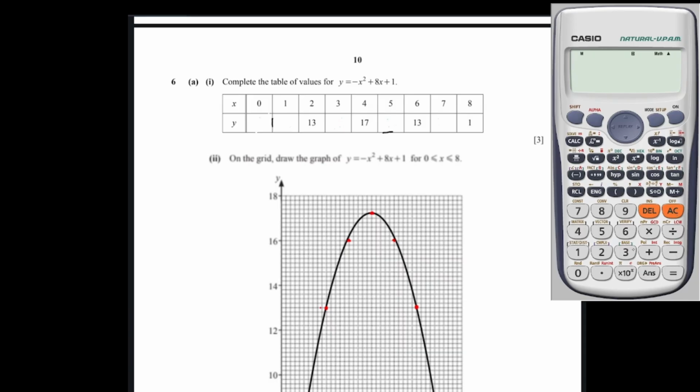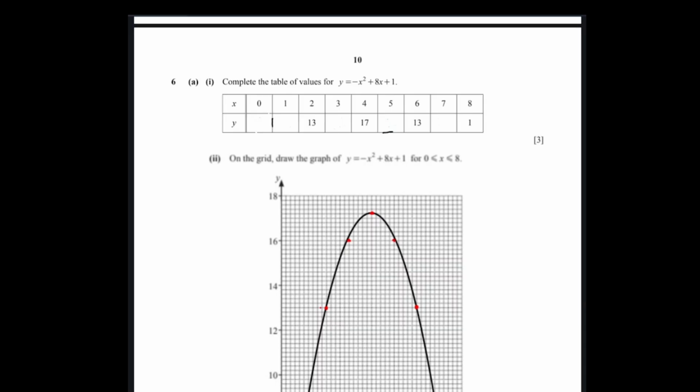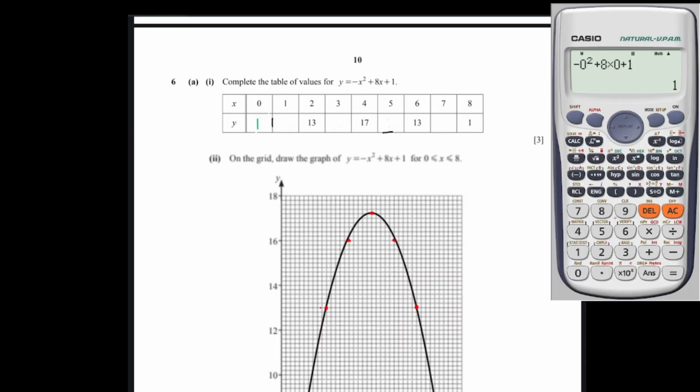For 0, take minus 0 square, that is 0 square, plus 8x, 8 into 0, plus 1. Answer is 1. Find out the same way using 1.